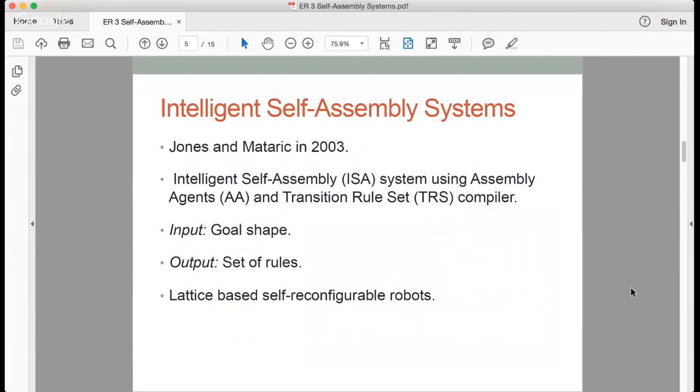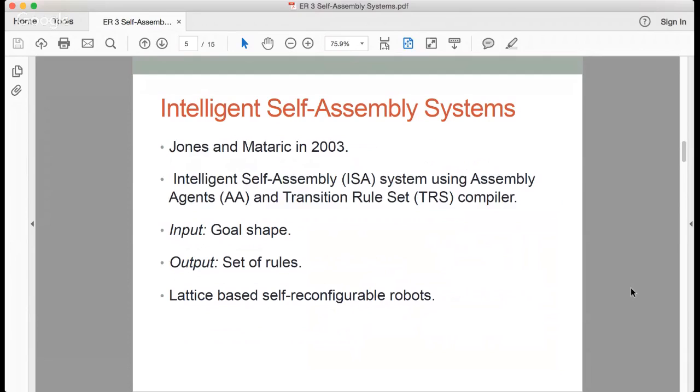However, each assembly agent remains an autonomous entity, limited to local sensing, with no pre-programmed action sequence and no pre-assigned location or task in the assembly of the final structure.